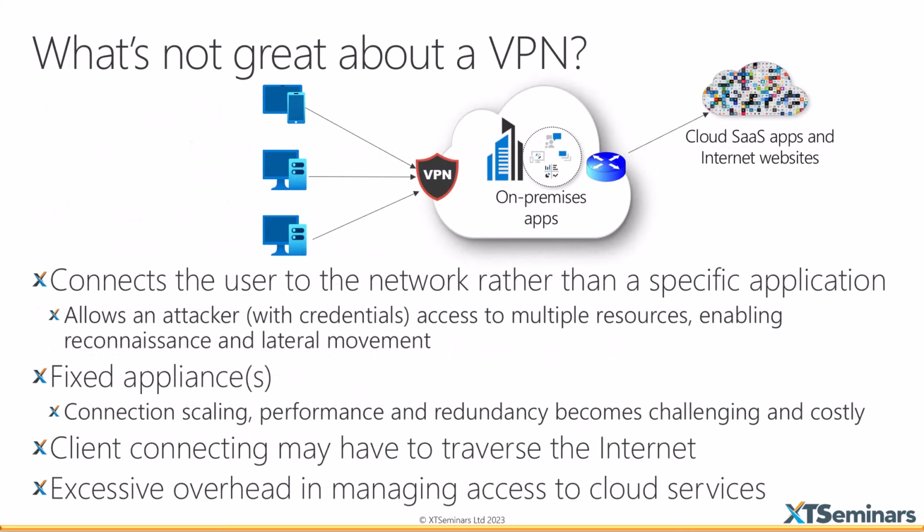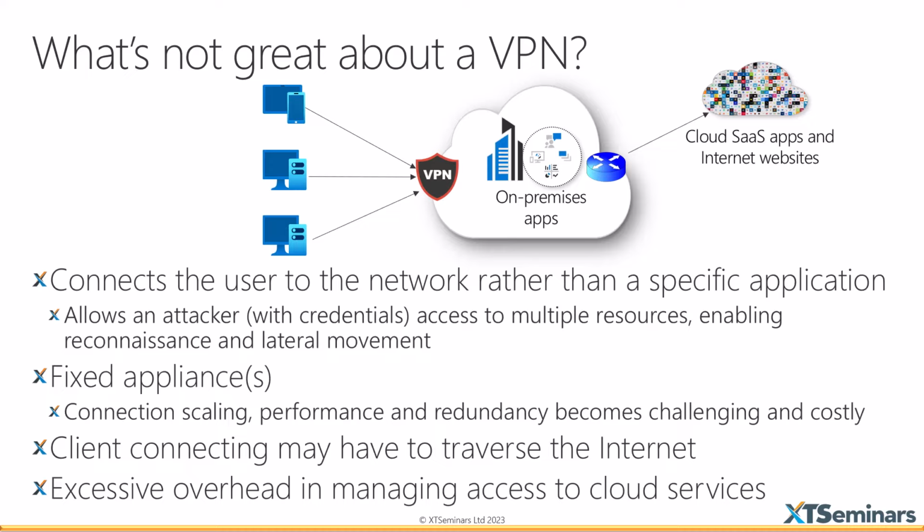Now, VPNs have always been very traditional. Hey, how do we get our remote worker onto our network so they can do things? Oh, put up a VPN. The problem is with VPNs, they connect the user to a network or network segment rather than a specific application. And it allows an attacker, and notice I put with credentials.